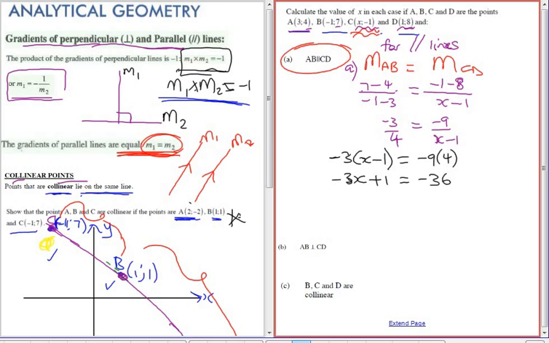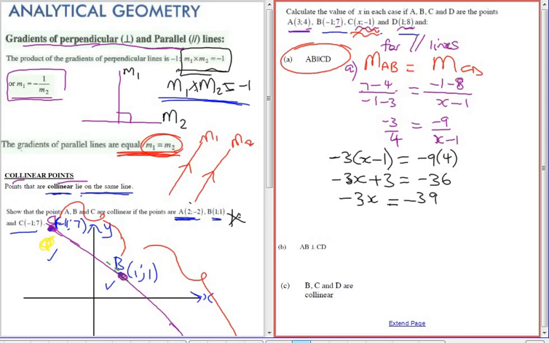So as you can see, if I now take this 3 to the other side, do you see that here I have 3 in my head but not on the board? So negative 3 times negative 1 should be positive 3 here. Okay? Now if I take 3 to the other side, I will see that negative 3x happens to be equal to negative 39.